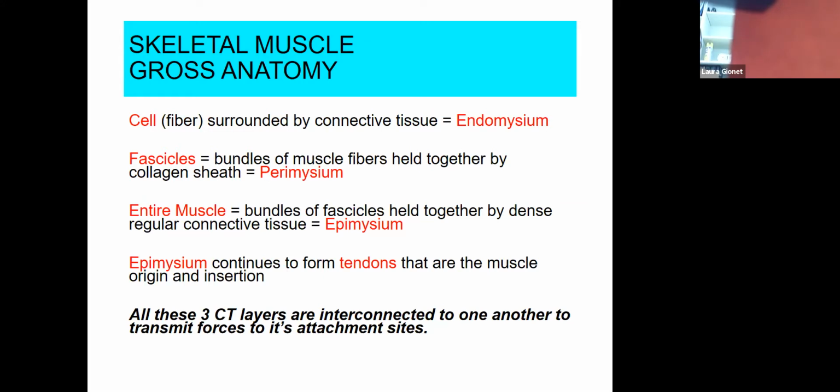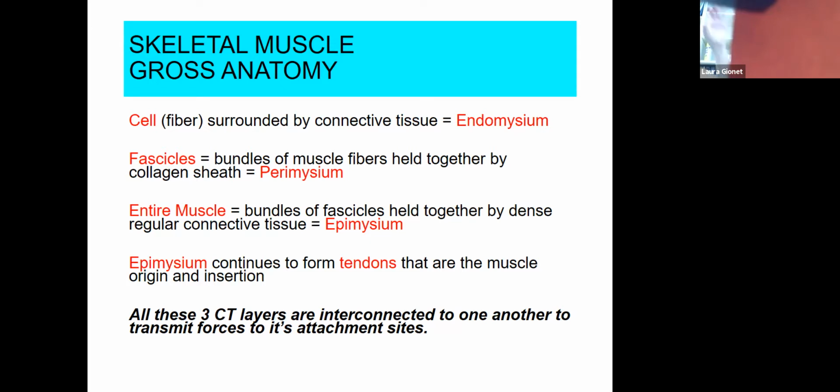Okay, so we're going to look at the gross anatomy of skeletal muscle. We're going to start at a fiber and see how these cells or fibers are organized into smaller bundles called fascicles and then the entire muscle. And there are connective tissue layers surrounding them.